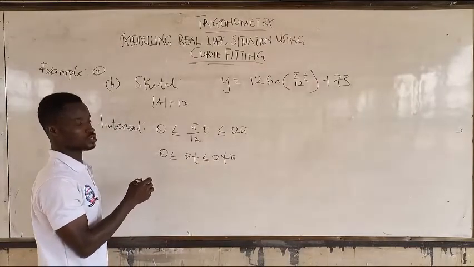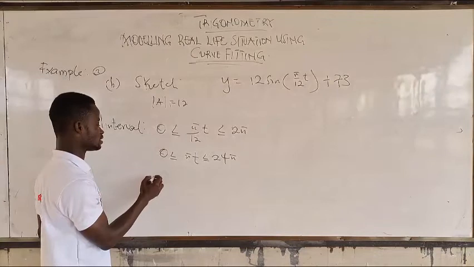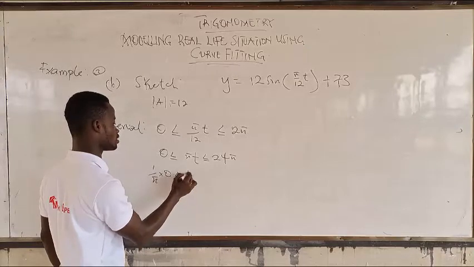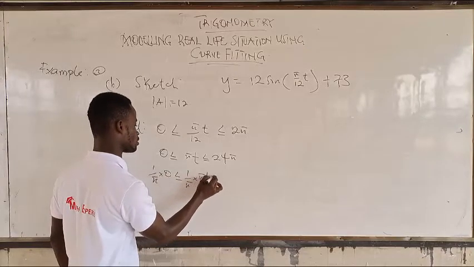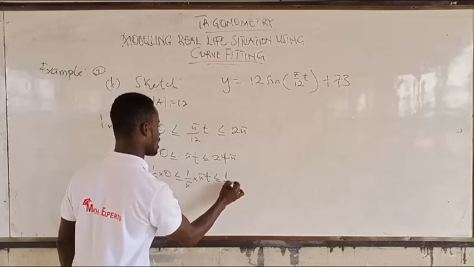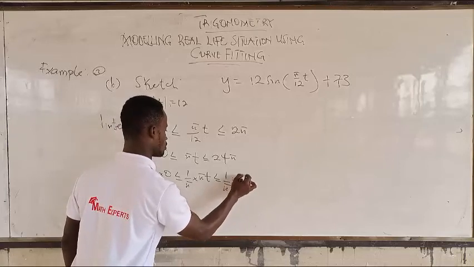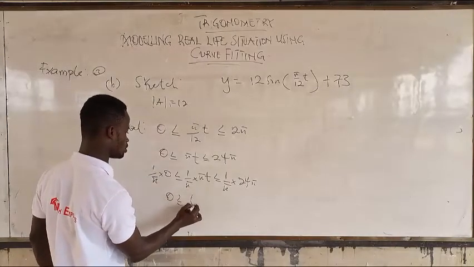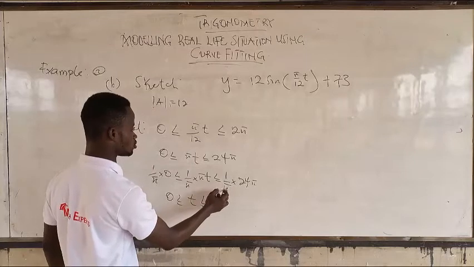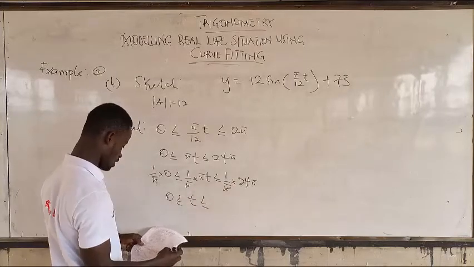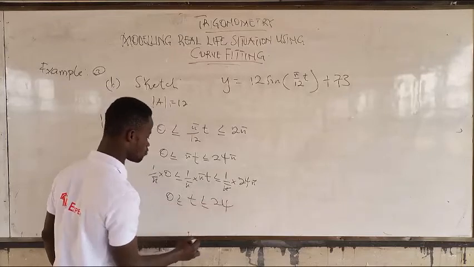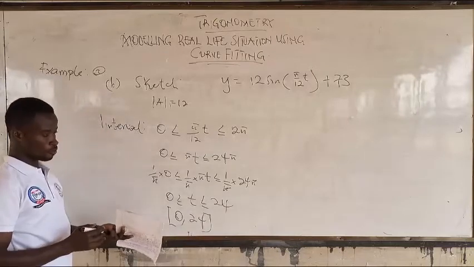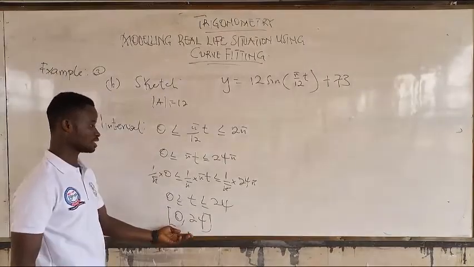Then for us to get rid of the pi, we divide through by pi. So this will be 0 less than or equal to t less than or equal to 24. Very good. Therefore, the interval is 0 to 24. So that is what we have for the interval.